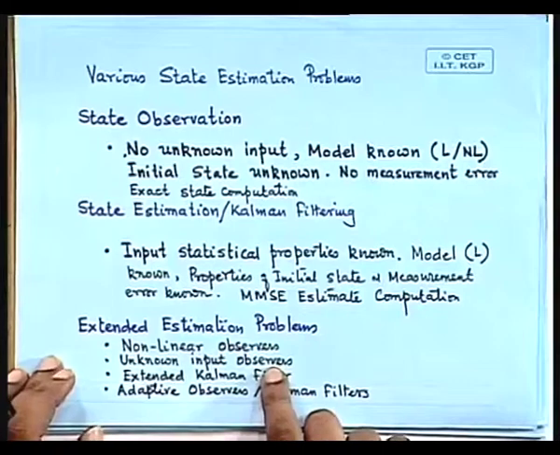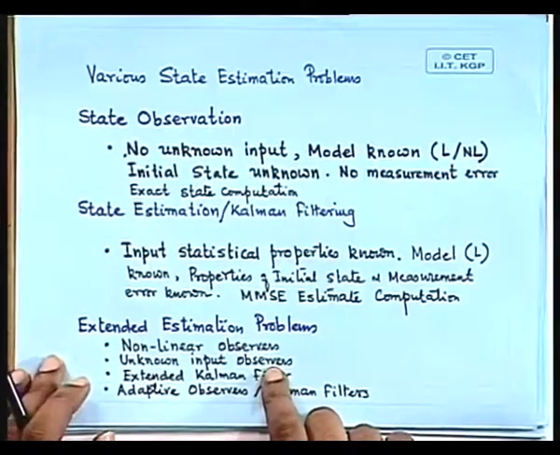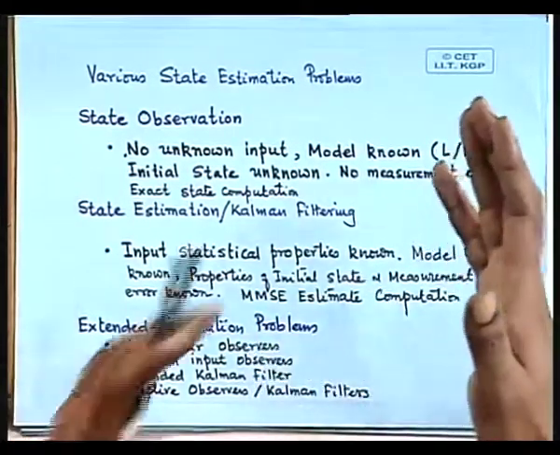Similarly, you could construct unknown input observers, that is, whether it is possible that the effects of some of the inputs can be totally decoupled from the state. Even if I do not know them at all, can I somehow produce an estimate which will not depend on these inputs?